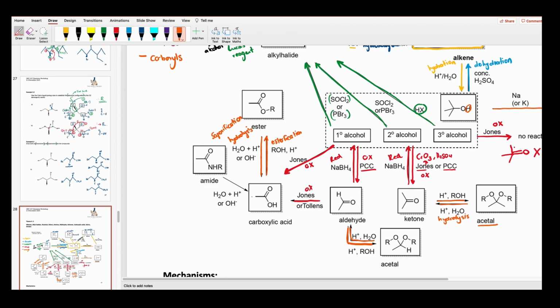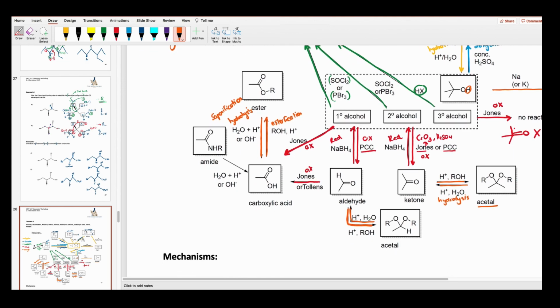And then there's this reaction with amides. Remember, an amide has a carbonyl group. So with amides, if you do hydrolysis of an amide, you can have either acid catalyzed or base catalyzed hydrolysis, and you get back to a carboxylic acid.